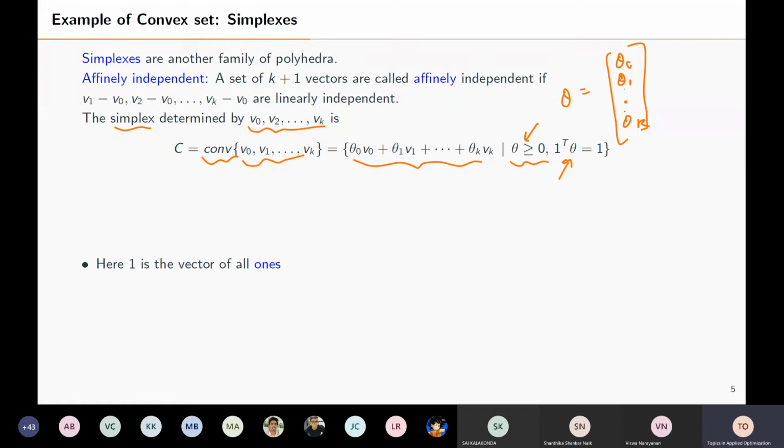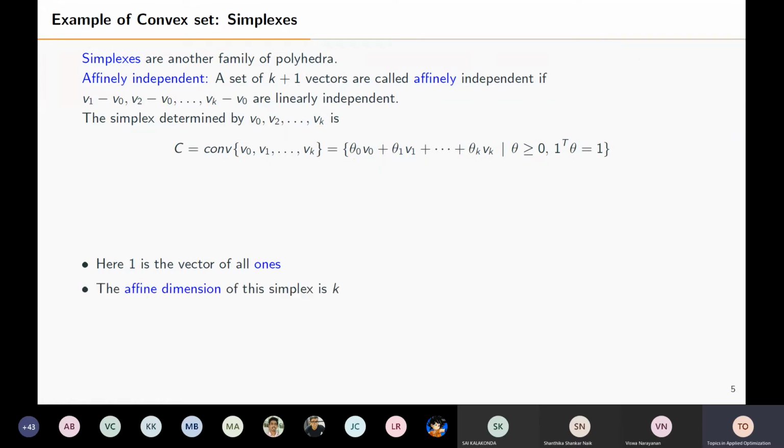Okay, what you get is a simplex, and the affine dimension of this simplex is k. So you start with k affinely independent vectors, and then you convexify. You make a convex hull of that.